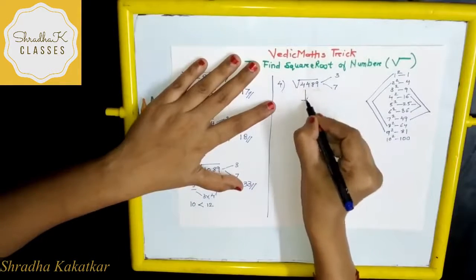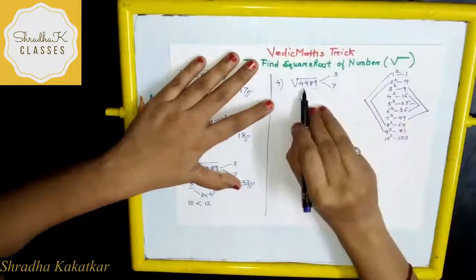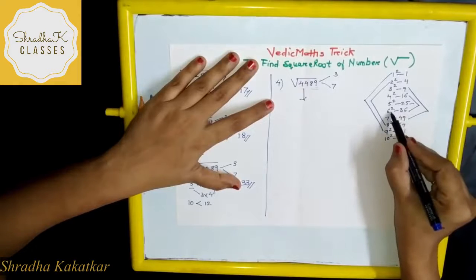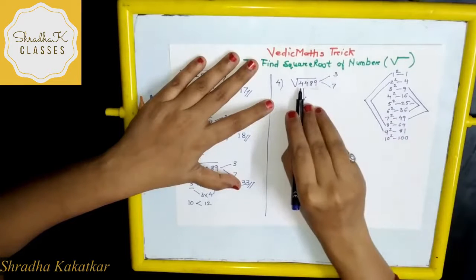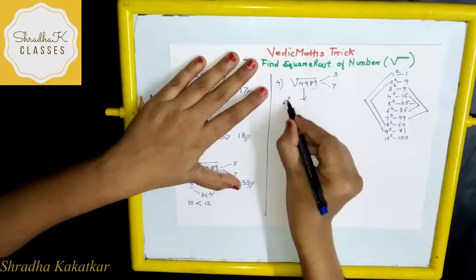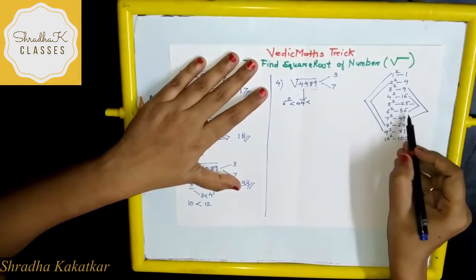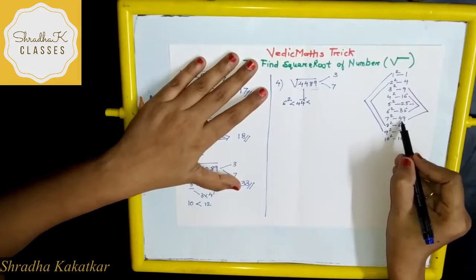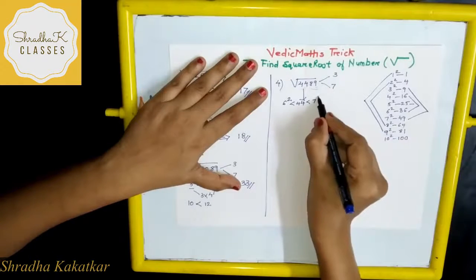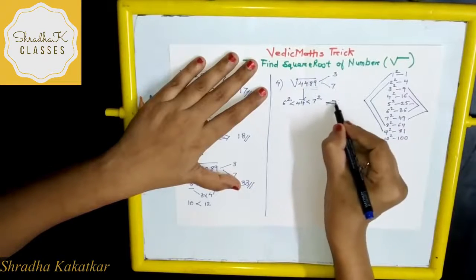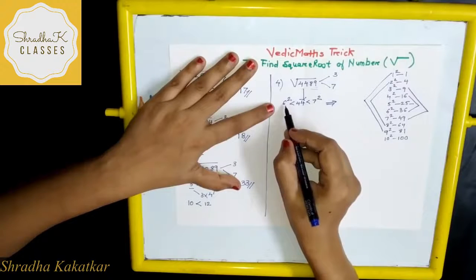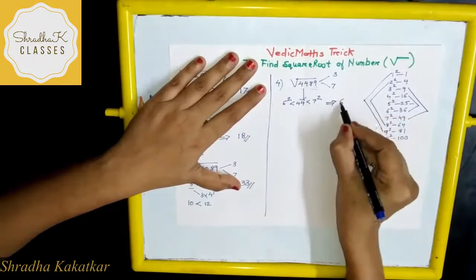Now again we have to find, this is 44, right? So 6 square is less than 44. So I'll write 6 square is less than 44 and 7 square is greater than 44, right? So from here we got the first digit of our answer, that is what? 6.